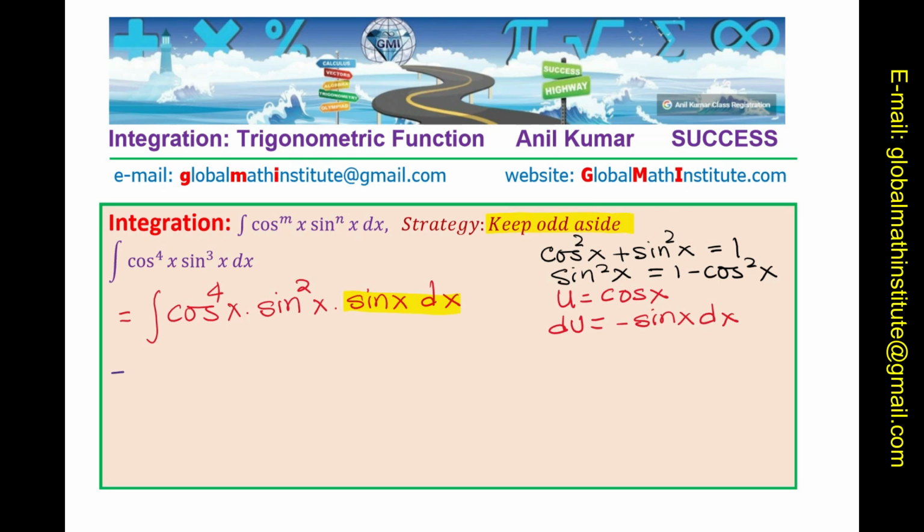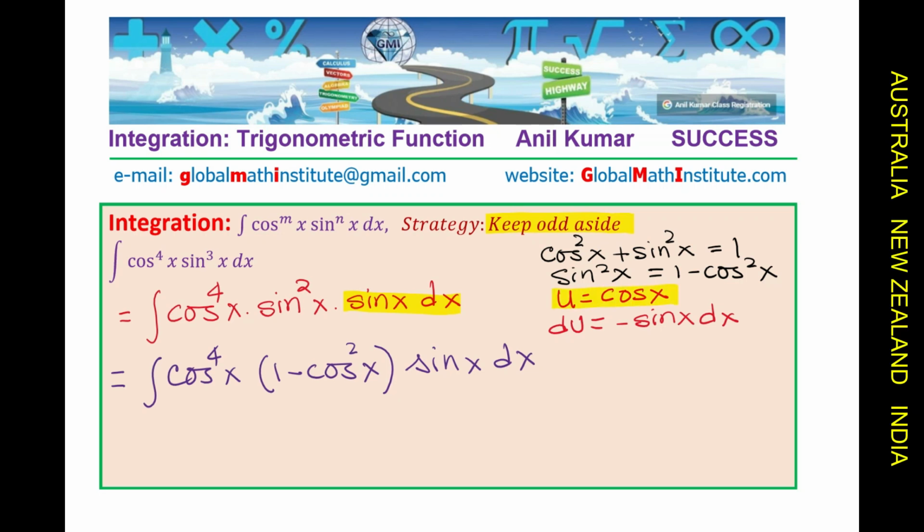Do you see the beauty? So we'll rewrite this integral as cos to the power of 4x, sine square x as 1 minus cos square x, and then we have sine x dx. You see that? So now this substitution u equals cos x makes a lot of sense because then du is minus sine x dx. Perfect.